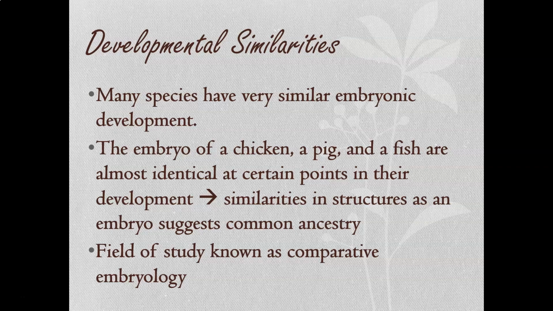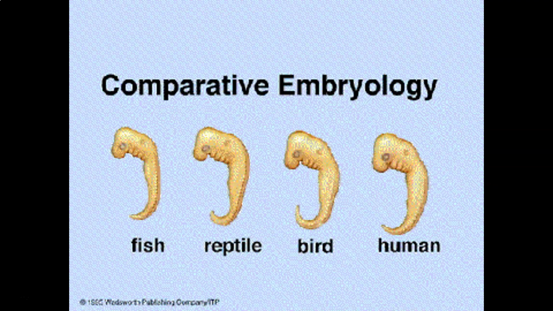So it's kind of interesting and kind of cool. I'll show you a picture in a second of this comparative embryology study between chickens, pigs, and fish. And at one point or another, they all have very similar embryonic components and embryonic structures to them. And we can throw humans in here as well. So while we are in that embryonic stage, we all have tails. Some of us lose it.